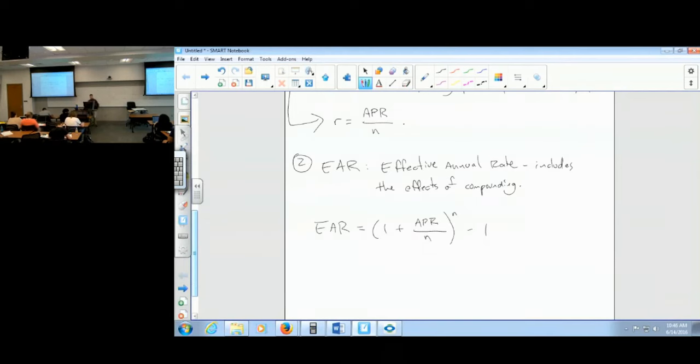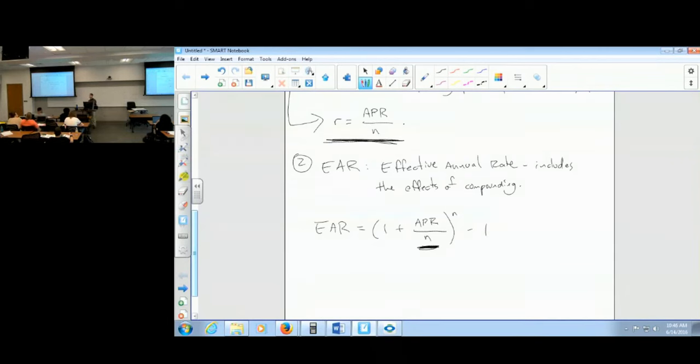Okay, and we want to note two things about this. First, APR is on the right-hand side here, so we can't turn around and solve this for APR if we're given the effective annual rate. The other thing that we'll end up using a few times is notice inside the parentheses, this term APR divided by N. We've already seen that that carries another name.